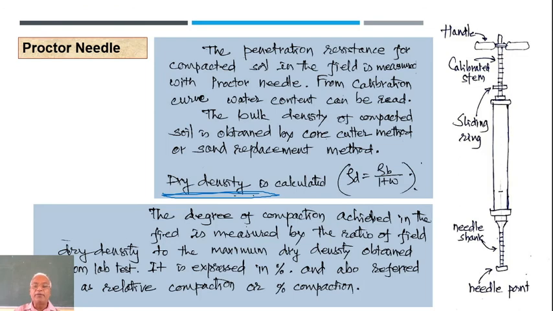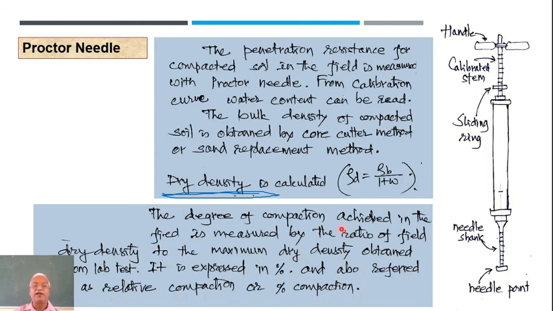Now the degree of compaction achieved, this information we have already done. The degree of compaction achieved in the field is measured by the ratio of field dry density to maximum dry density obtained from the lab. This is expressed in percentage, and it is also referred to as relative compaction.